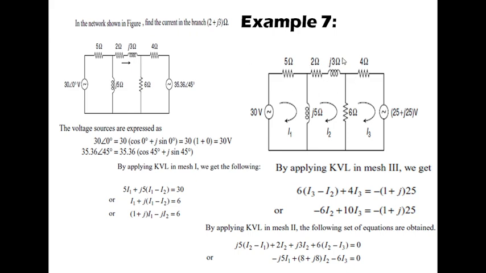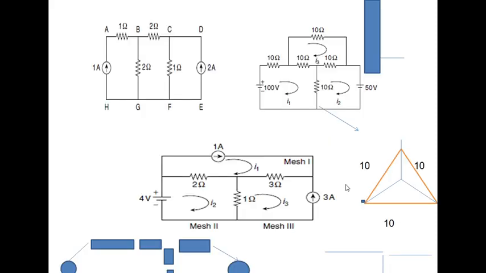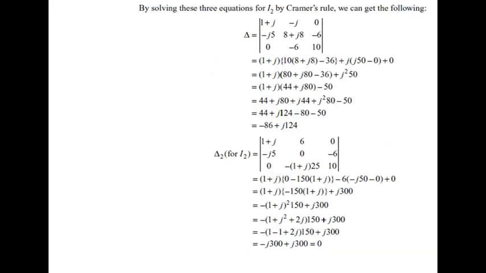So this is 2 plus j3 ohm, and the branch current is I2. So you only have to find I2. So first read the question properly. This I2 you can find, and it is divided by delta. Somehow I missed the part. I am checking.